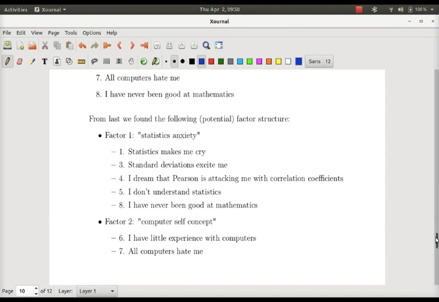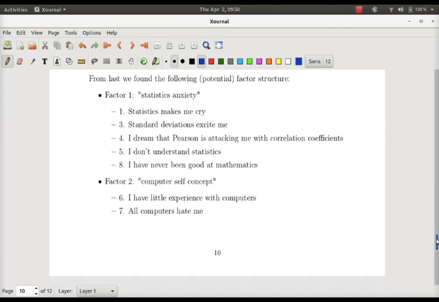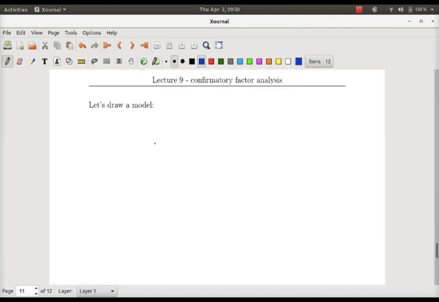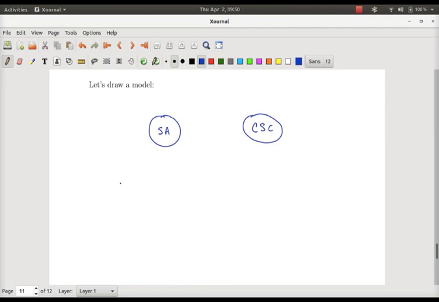So what I want to do is draw this factor structure. So let's draw this model. So what I'm going to do is first draw two nodes for my factors. So my factors were statistics anxiety, so I'll just call that SA, and I had computer self-concept. Okay, so I'll draw two nodes for those two factors. Now between what observations do we have coming from those nodes? Well, we had 5 items.